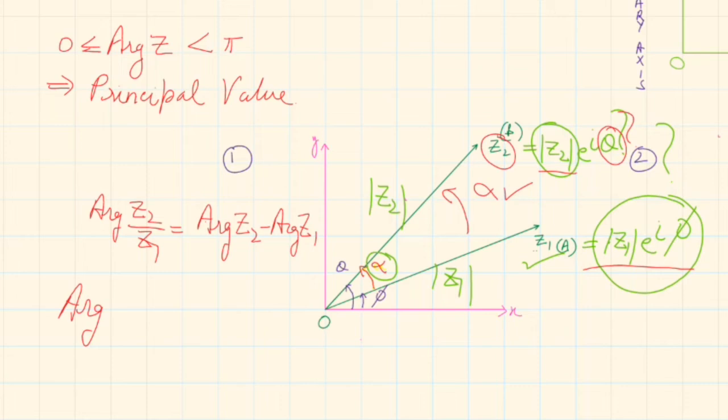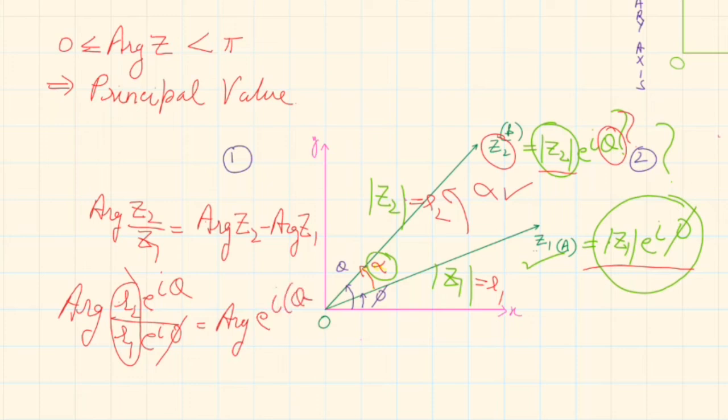So if instead of Z2 I write R2, which expresses its modulus, e^(iθ), here I have assumed theta, upon R1, which is the modulus of Z1, and e^(iφ). Am I right, students? So when you are talking about argument, this modulus doesn't make any sense here. What ultimately are you going to get? You are going to get the argument. Since the bases are the same, the powers will get subtracted. Isn't that right, students?